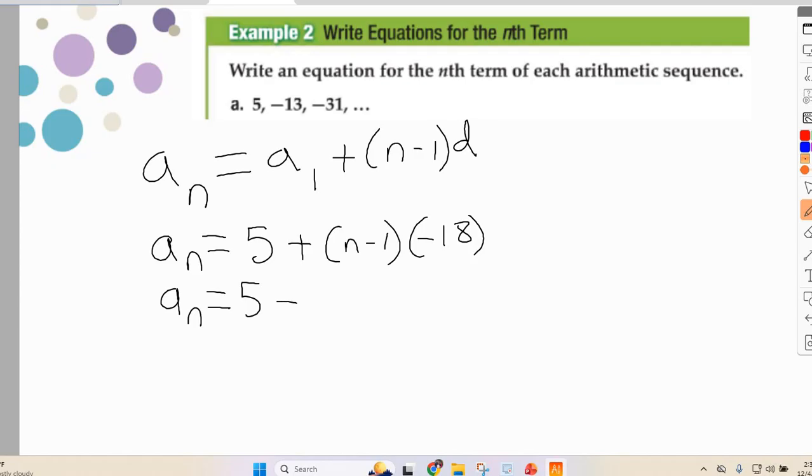So we're going to distribute our negative 18 and then just combine our like terms. So we get a sub n equals negative 18n plus 23. And then from there, you can use that formula to find any term that you wanted.